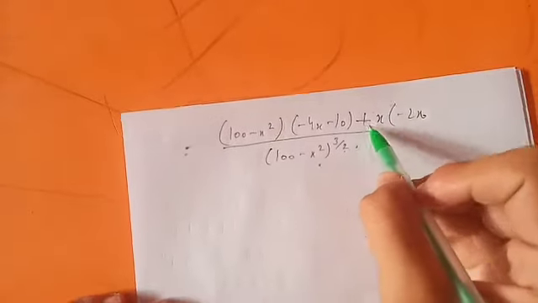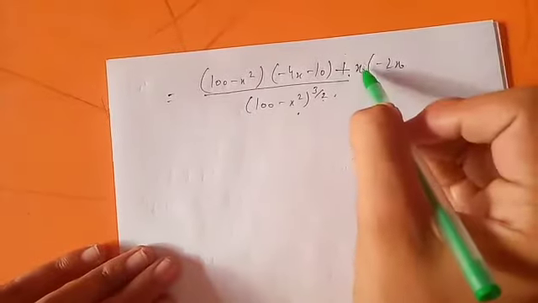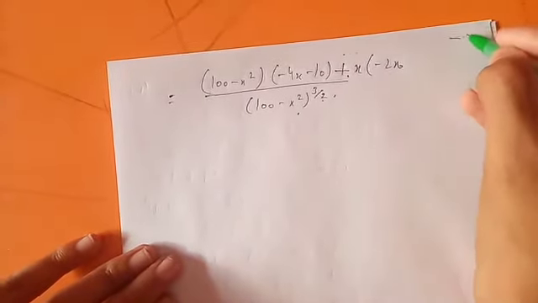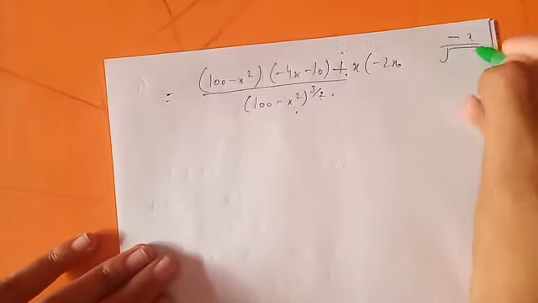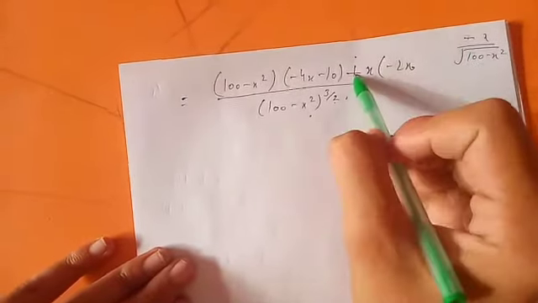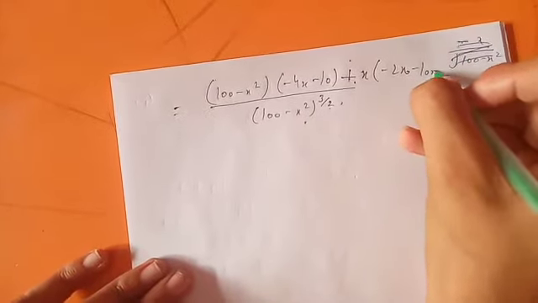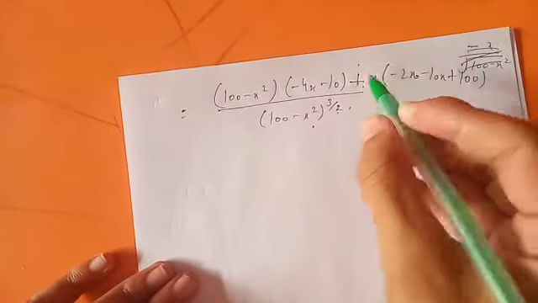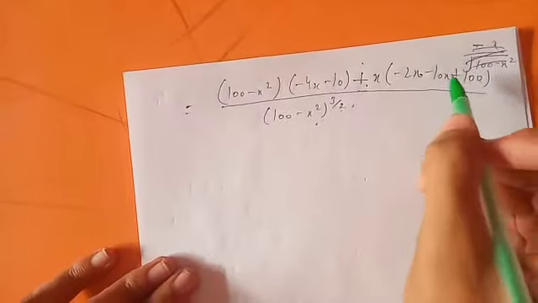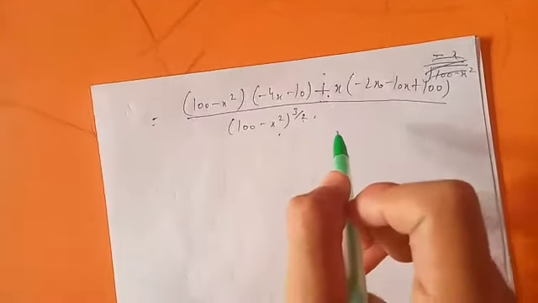Why it is plus? Because first initially here was a negative sign, and we also had a minus x under the root 100 minus x square. So this minus and that minus combine and give us a plus sign, and the other values remain the same. Now we just have to solve it and we will get our value.